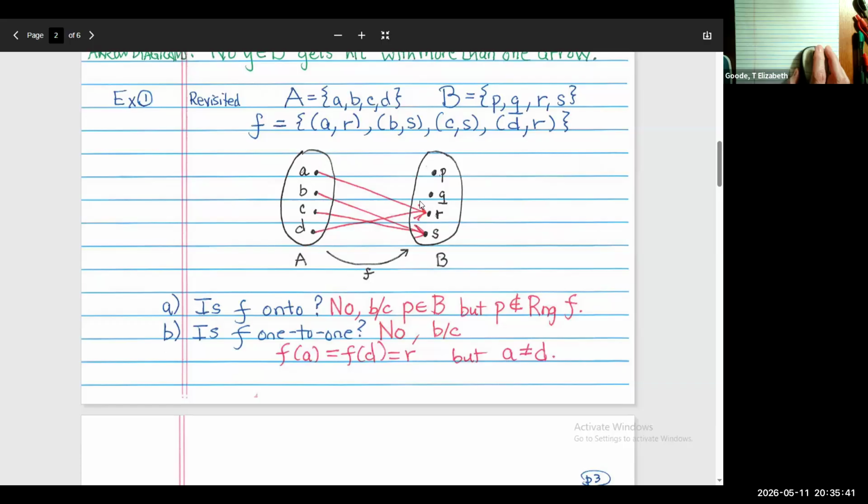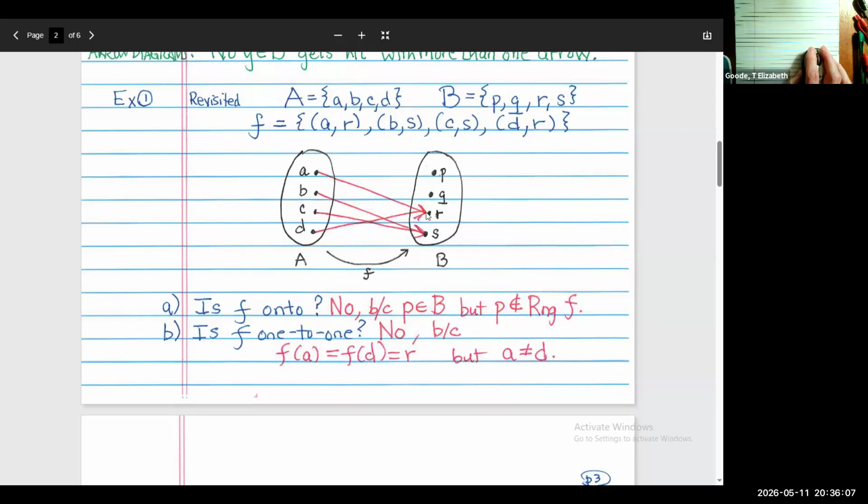No, that's onto. Onto means the arrows are completely covering up B, like carpet is onto the floor. But one-to-one means you can't have two arrows pointing to the same point in the codomain.